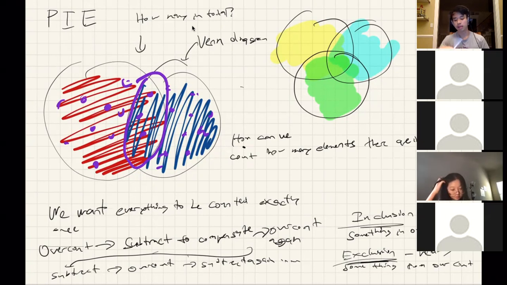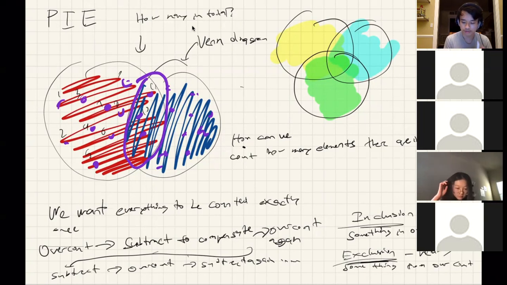You might just want to count them one by one, right? Like 1, 2, 3, 4, 5, 6, 7, 8, 9, 10, 11, and so on, like some kind of idiot. But fortunately, in the principle of inclusion and exclusion, sometimes we can find a better way to count this.